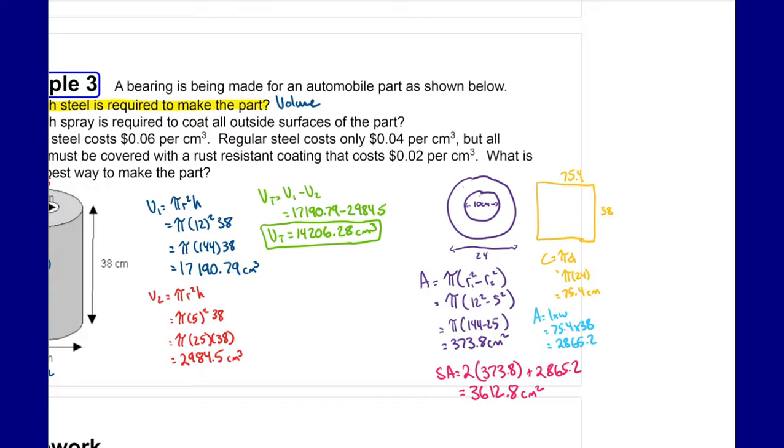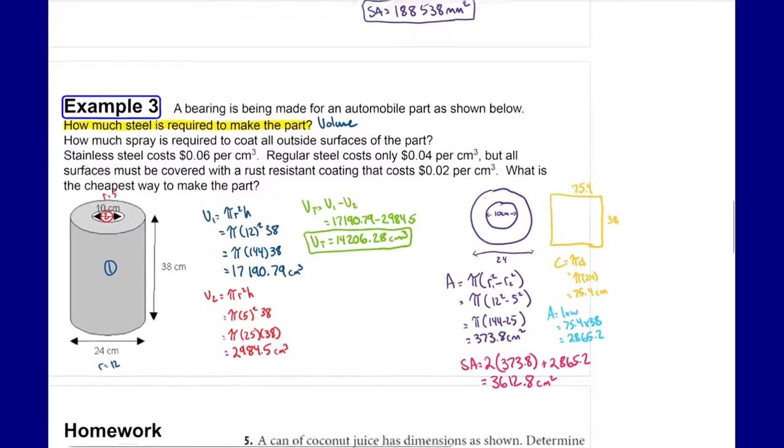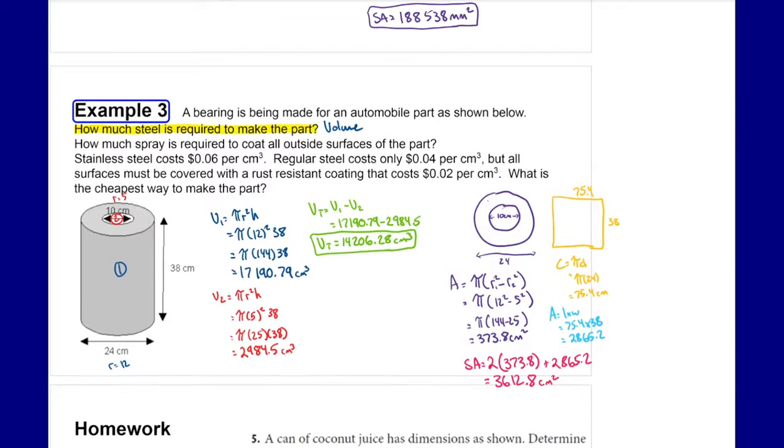Now we need to look at the cost. So if I want to find the cost, stainless steel costs $0.06 per centimeter squared. Regular steel costs $0.04 per centimeter squared, but all the surfaces must be covered with the rust-resistant coating.